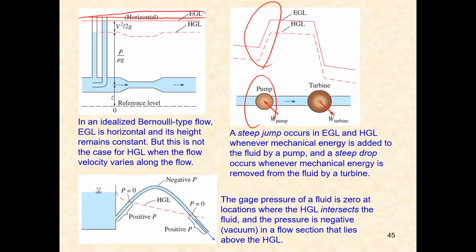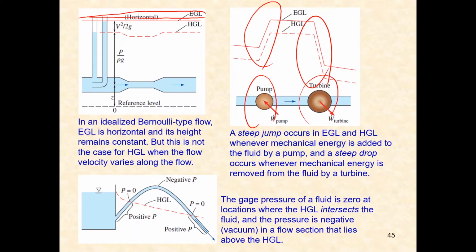And then you can see that there's a sudden drop here. It is because the energy in the fluid flow is being extracted to do shaft work. So that's why we have this sudden increase, because the pump provides energy and the turbine extracts energy from the fluid.